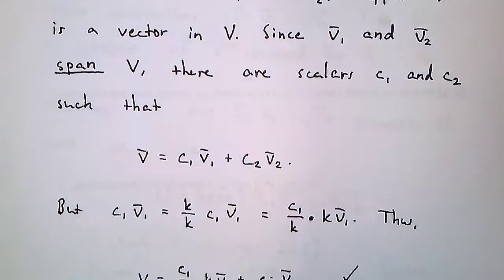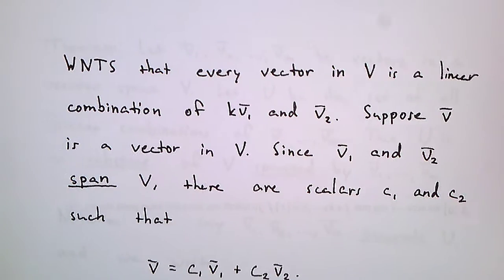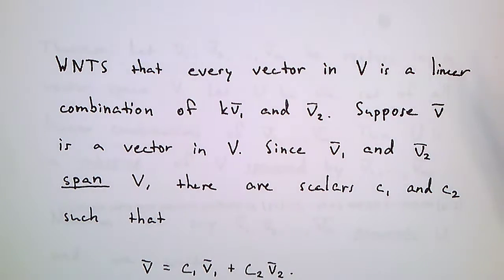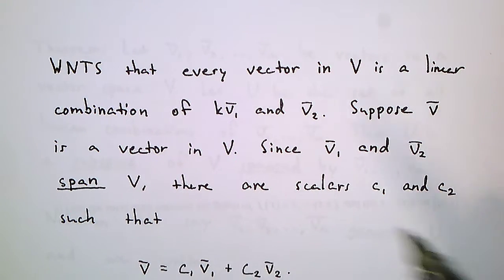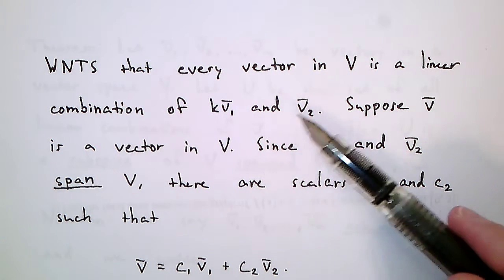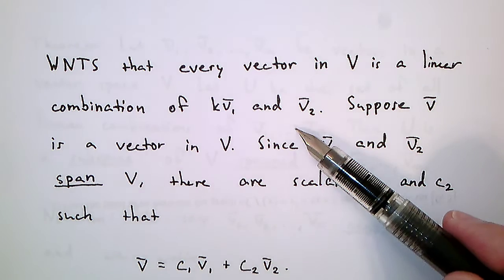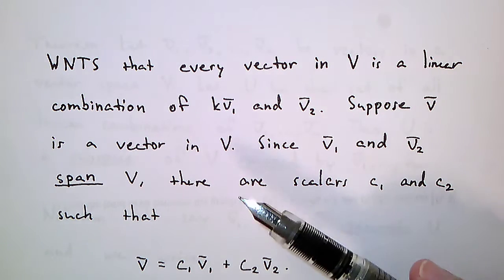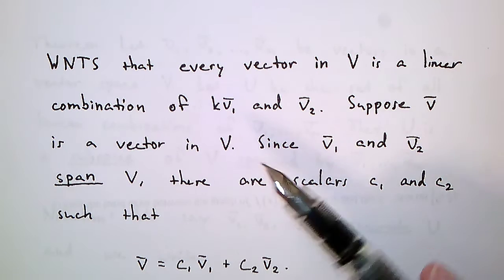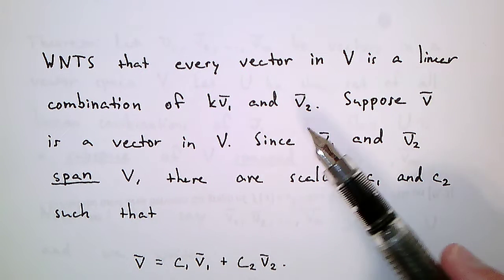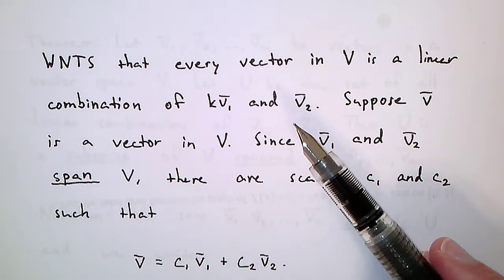So let's work through what we need to do. We need to show that every vector in V is a linear combination of the new vectors k times v1 and v2. So we need to pick a vector lowercase v in V and show that it is a linear combination of the two new vectors.